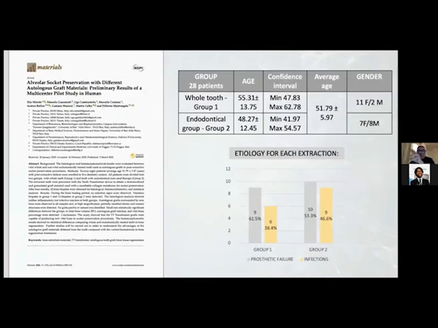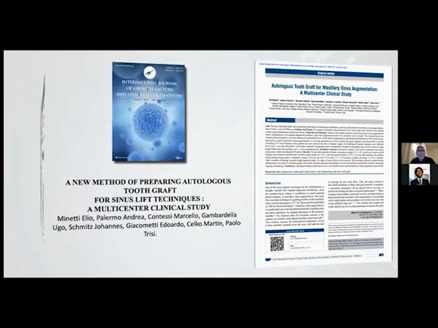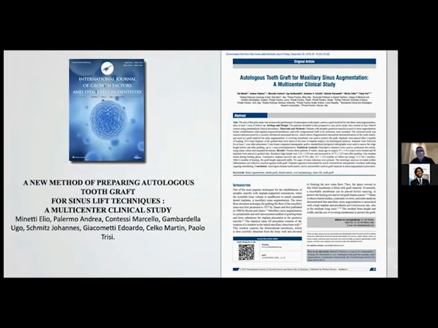We compared, in this study, the use of the whole tooth and the endodontically treated tooth, and the result is very similar. We don't have any difference between using endodontically treated teeth and whole teeth.